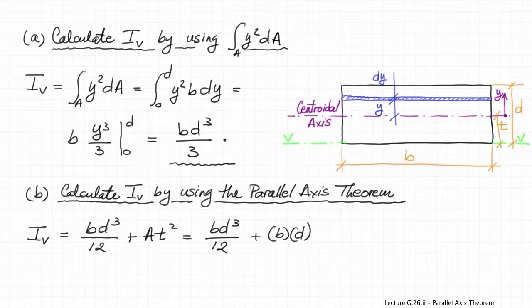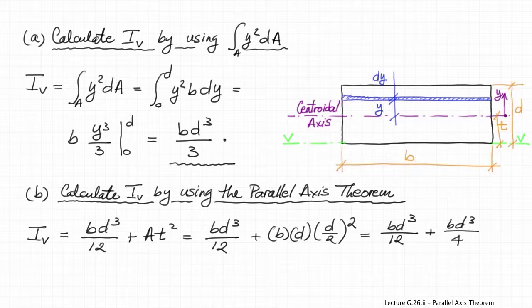So that will be equal to b d cubed divided by 12 plus the area, which is b times d, and in this particular example t equals half d, so we have to square this. So everything will be equal to b d cubed divided by 12 plus b d cubed divided by 4. And if we sum this up, we will end up with the same result, b d cubed divided by 3.